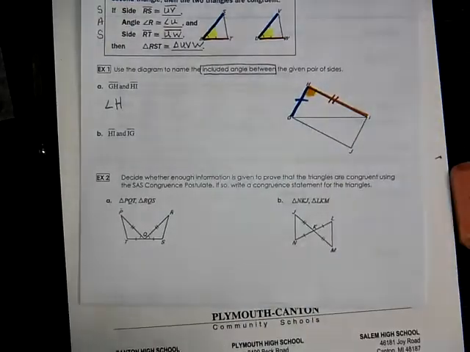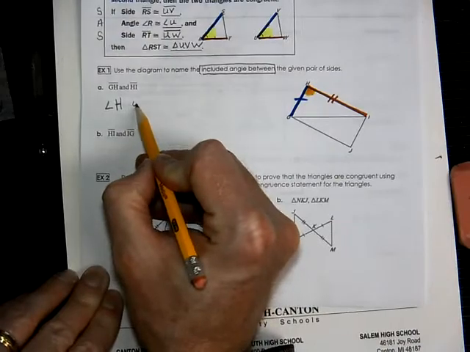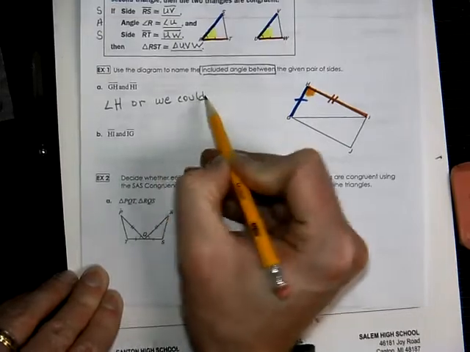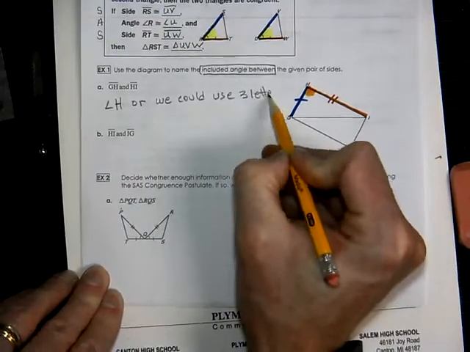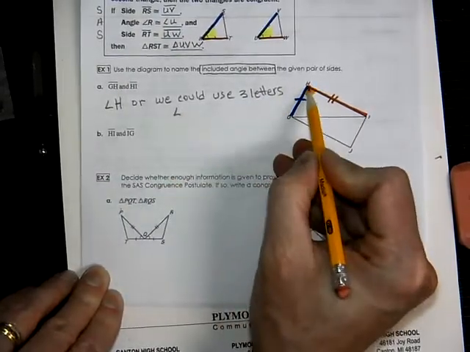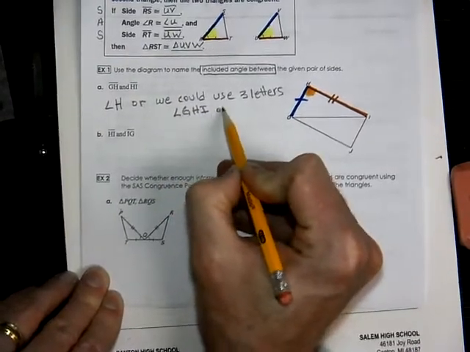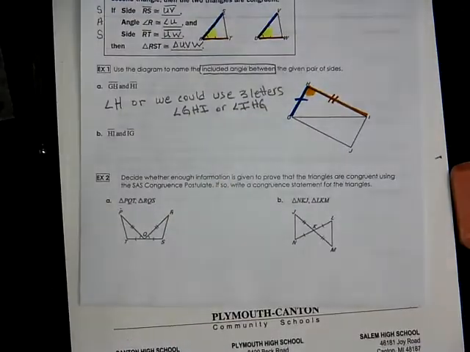So we can call it angle H, or we could use 3 letters. Angle GHI, or even IHG. So those are the included angle. They're all the same angle, just different ways of naming it.